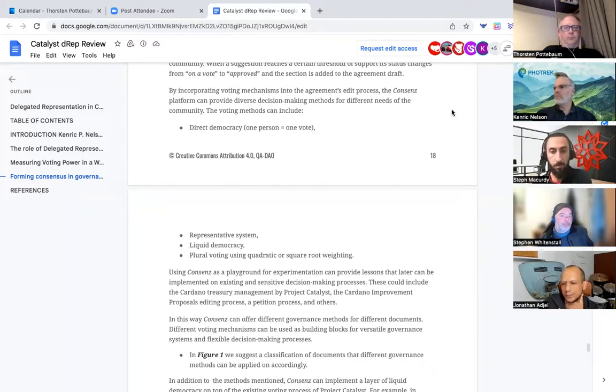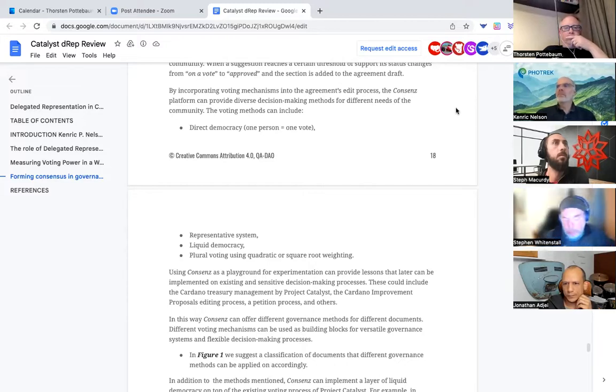We are using the plutocratic one coin, one vote system right now in DAOs, in Cardano, and other blockchains. By combining other voting systems and decision-making methods, we can create a very diverse system and use different decision-making methods for different needs of the community.